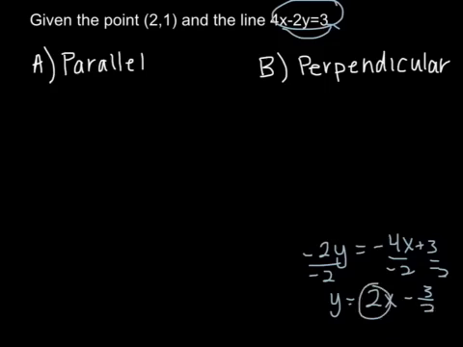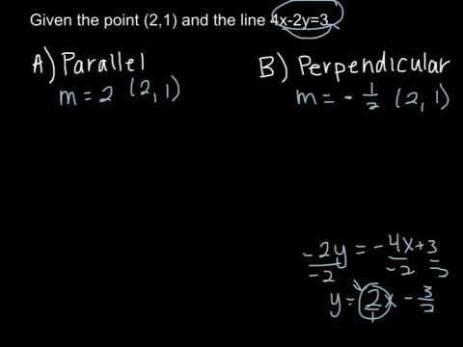So if I want something parallel, I have to have the exact same slope. If I want something perpendicular, the slope has to be the opposite or the negative of this, so the opposite sign and the reciprocal, so 2 over 1 becomes 1/2. Then the point is (2, 1) for both.